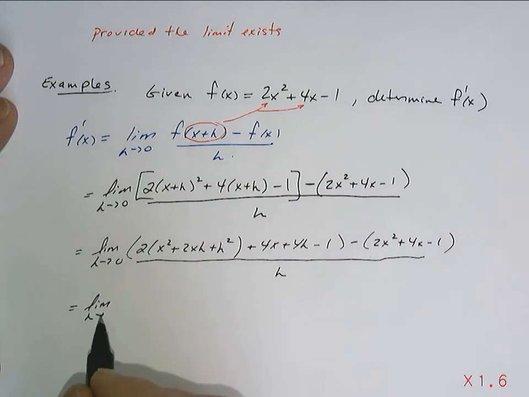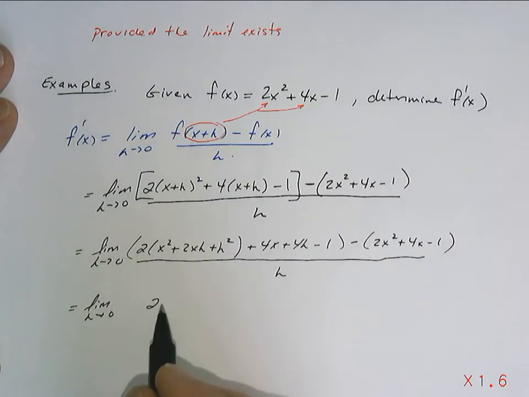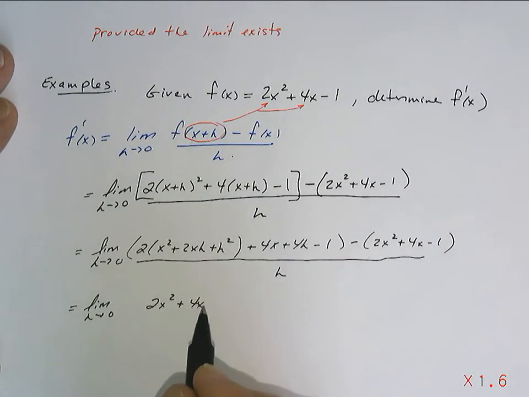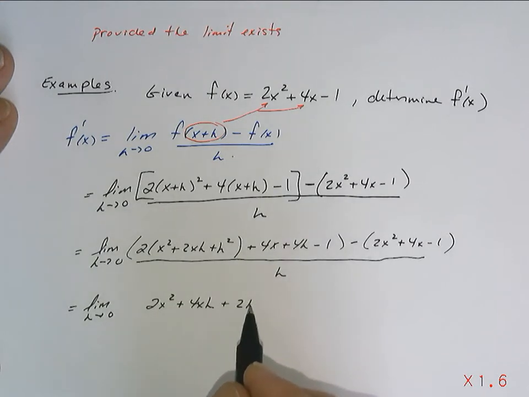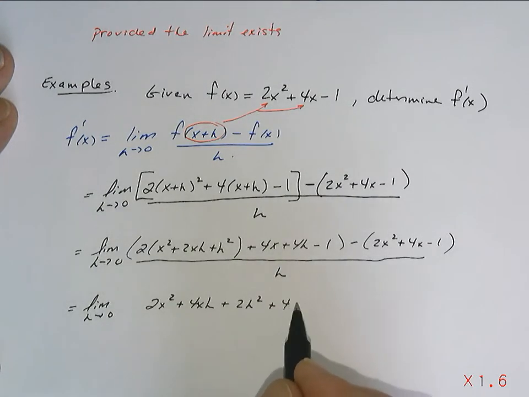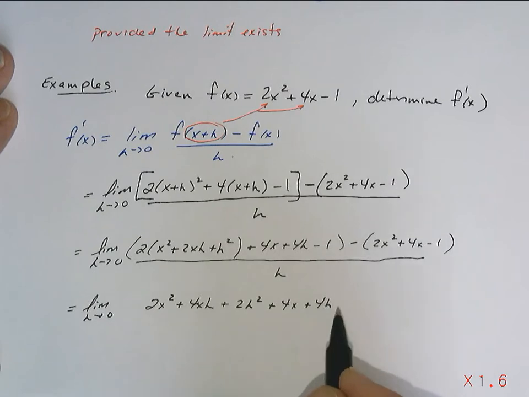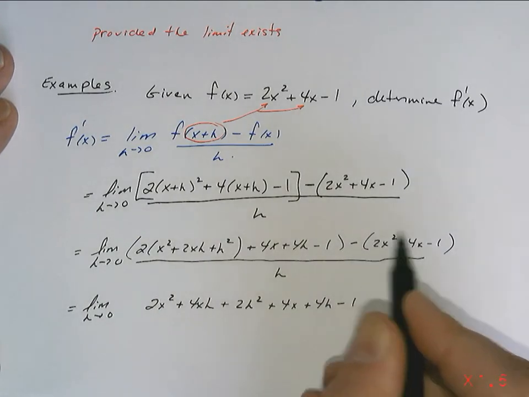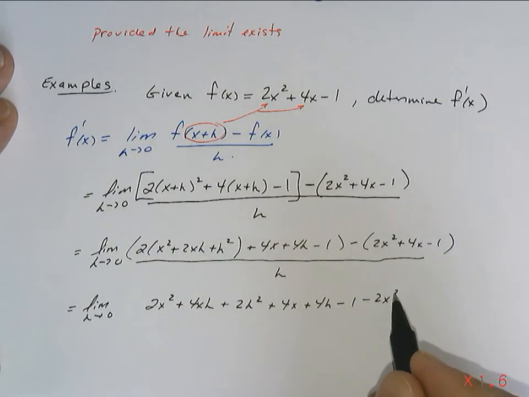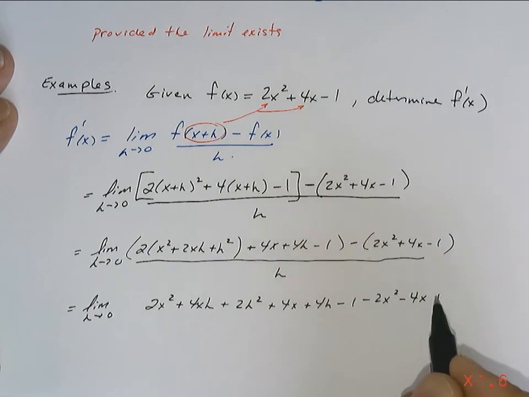Limit as h approaches 0, so this is going to be 2x squared plus 4xh plus 2h squared plus 4x plus 4h minus 1, taking that negative in, minus 2x squared minus 4x plus 1.